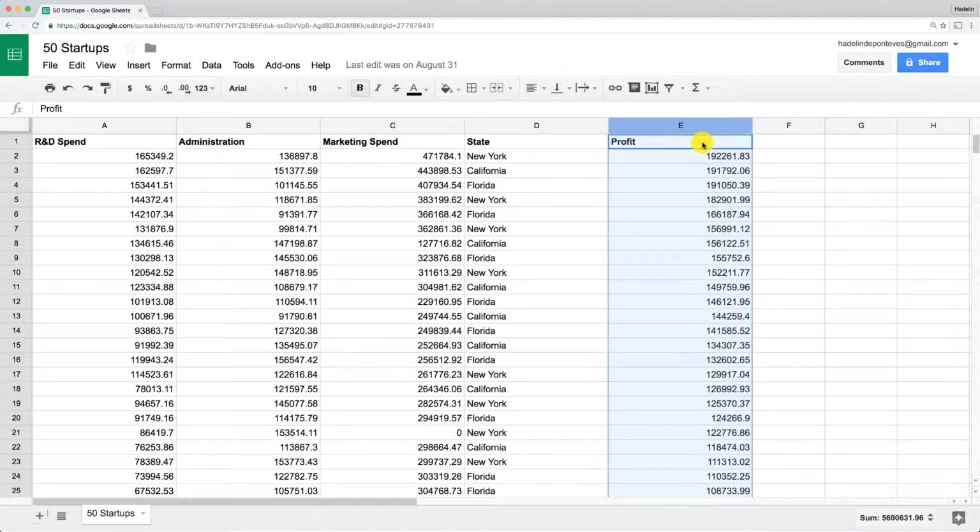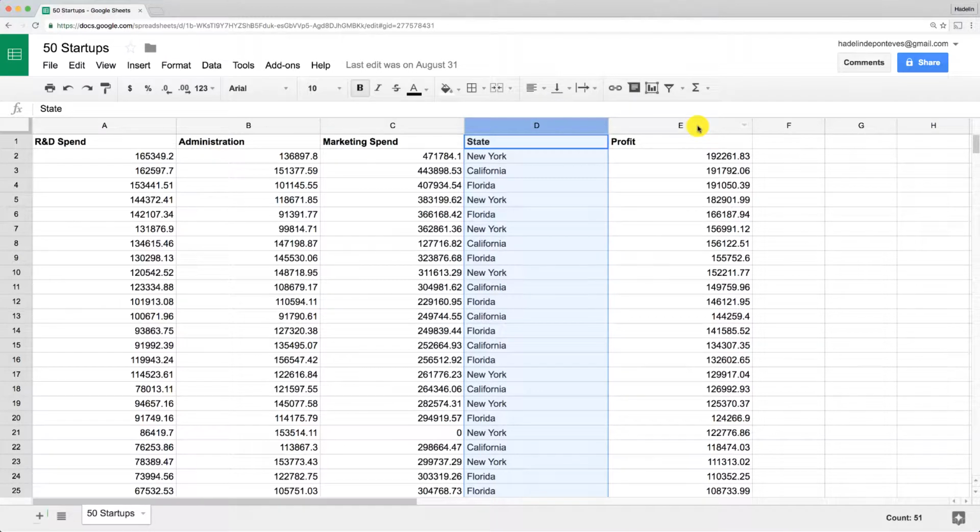So how much did the company in this given financial year spend on research and development? How much did it spend on administration, like paying employees, paying executives and so on? And how much did it spend on marketing? So those are the three major operational spends, I guess, and which state it works in.